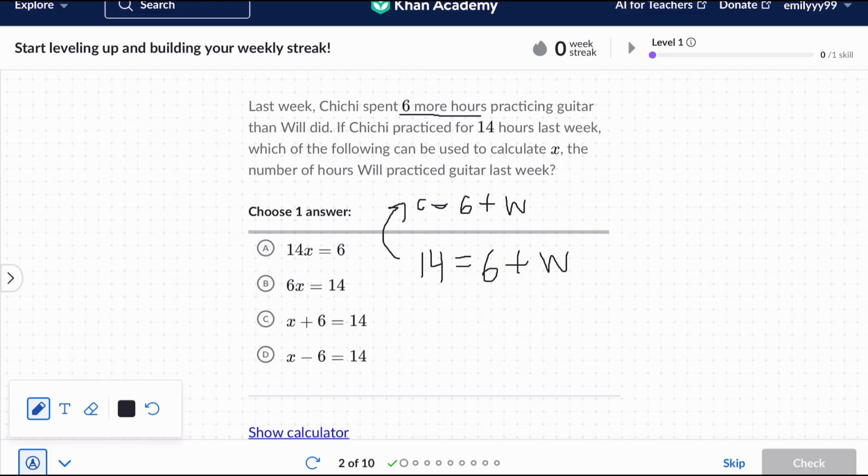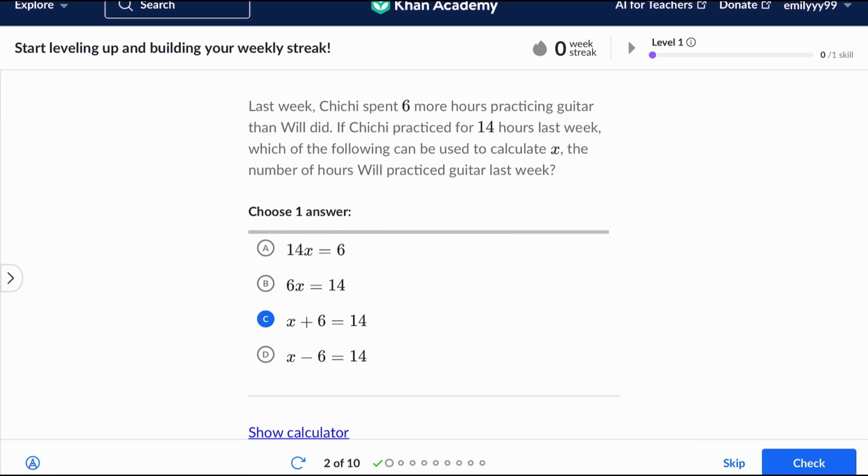Then we solve for W. Okay, but when we look at the answer choices here, it's just X instead. So all we have to do is look for 6 plus X equals 14, and we see C right there. So it's going to be C.